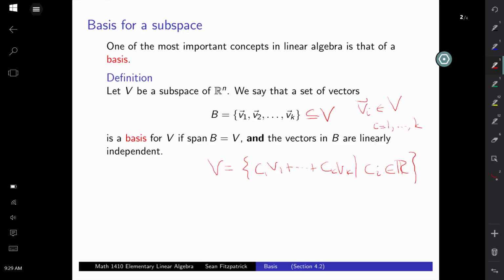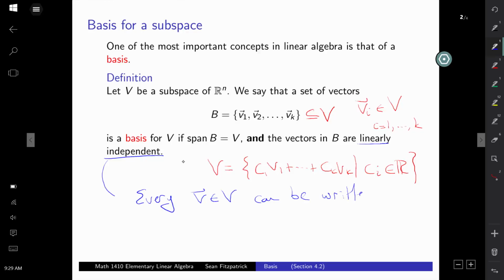So what this means is that when you add the independence in, every v in V can be written as a linear combination v = c1 v1 + ... + ck vk.